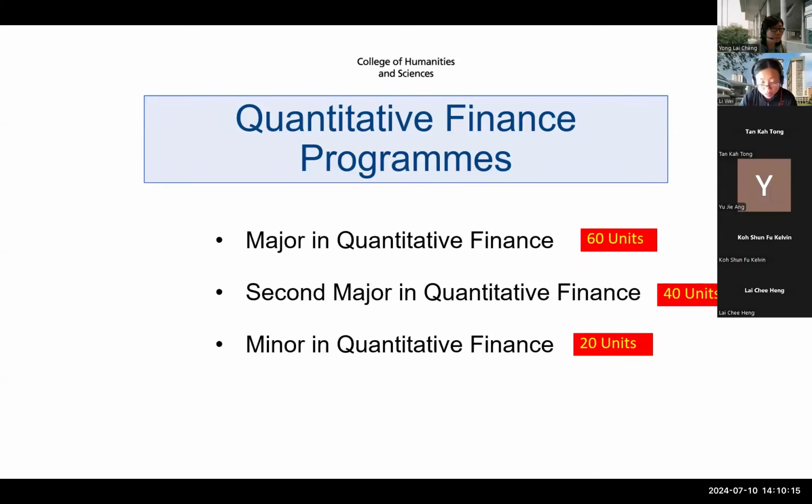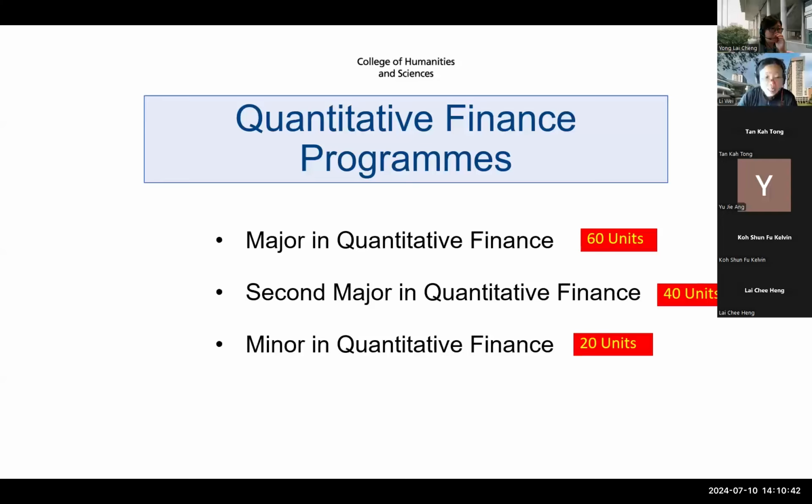All courses in these programs have 4 units each. Hence, 60 units for the QF major means 15 courses, 40 units for the second major in quantitative finance is equivalent to 10 courses, and the 20 units required for the minor in QF is equivalent to only 5 courses.